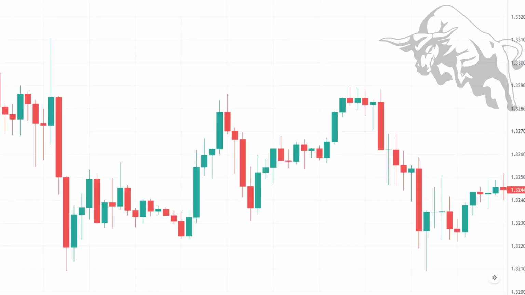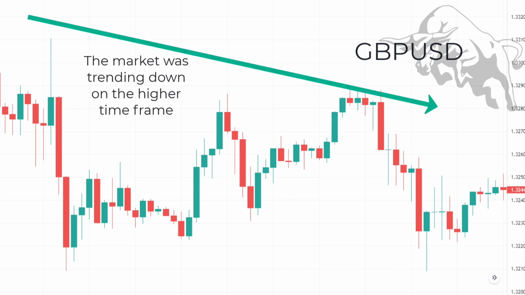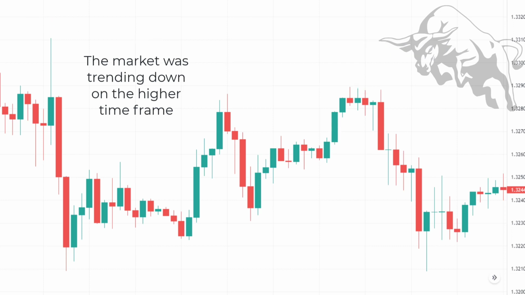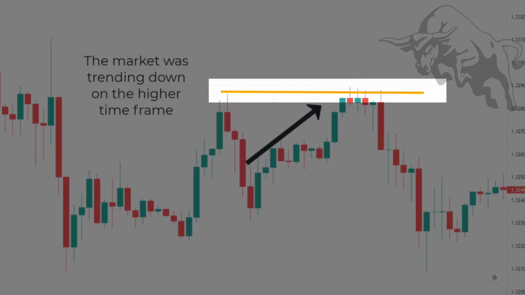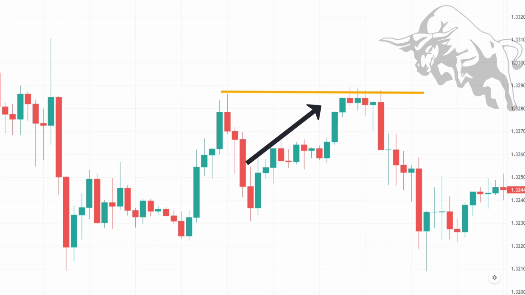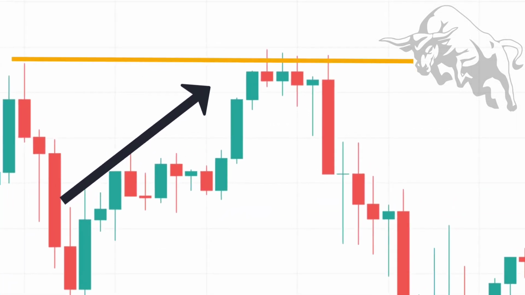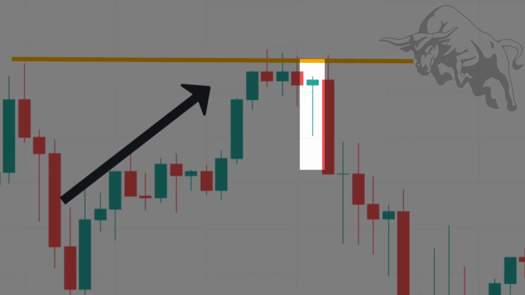The following are examples of both correct and incorrect hanging man patterns, so that you understand how this pattern should look. First, let's start with the correct example. On the British pound against the US dollar, we had the market moving in a downtrend, but the price went up to retest a resistance line, and the failure to break the line has been made obvious once the hanging man candle appeared.